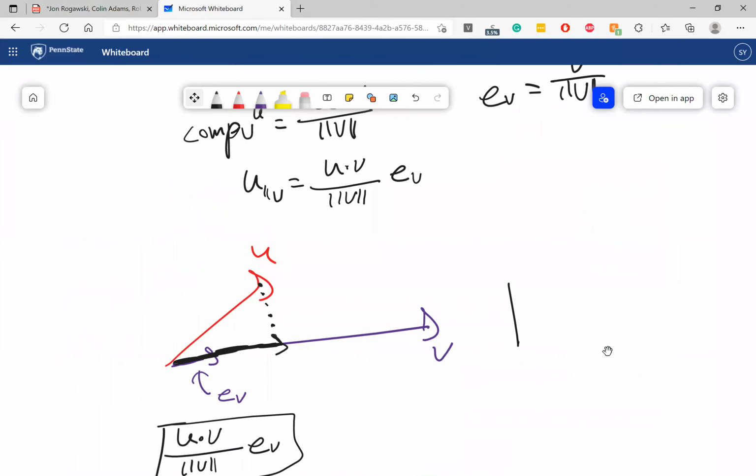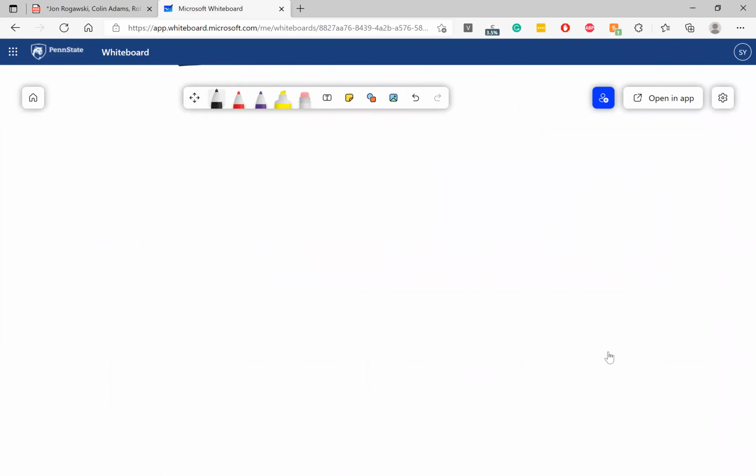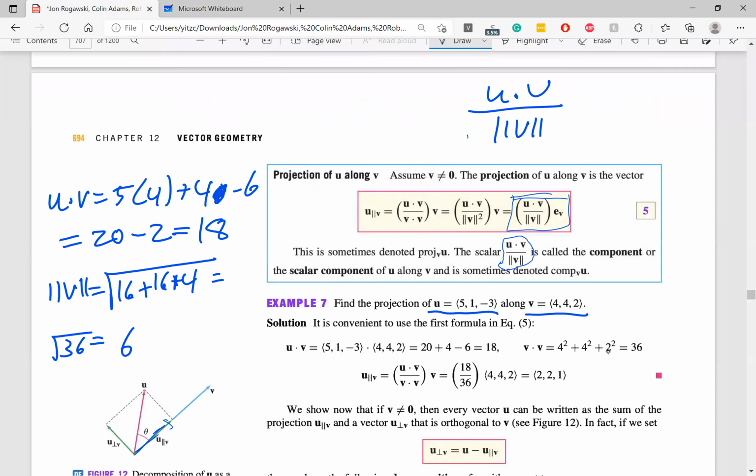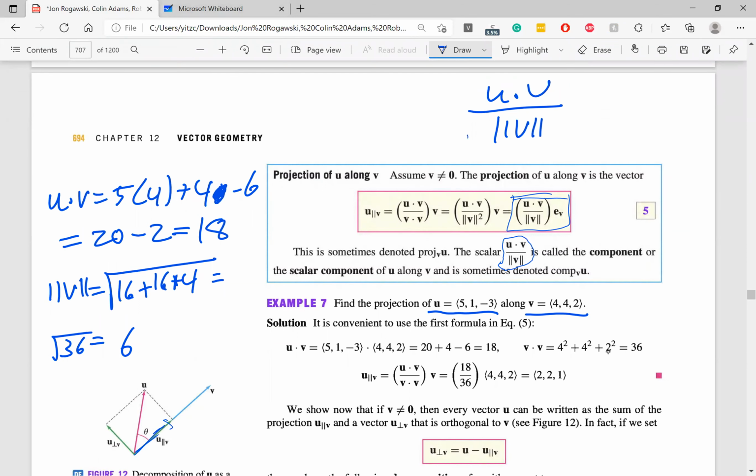So then we go here and say that our projection of U projected onto V is equal to 18 divided by 6 times EV, which is going to be 18 divided by 6 times V over the magnitude of V. So I'm just going to move this magnitude over here times the vector V. So what's our vector V? 4, 4, 2.